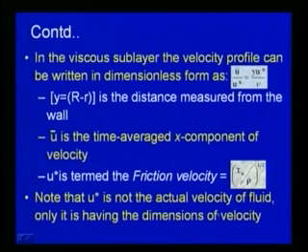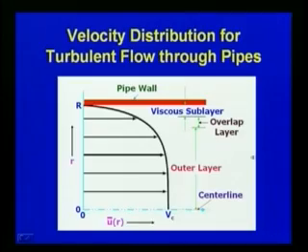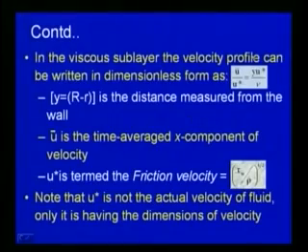This u star is not an actual velocity of the fluid, but only has the dimensions of velocity, and it is called friction velocity or shear velocity. So, this is the relationship for the velocity variation in this viscous sublayer, u bar by u star is equal to y into u star by nu.